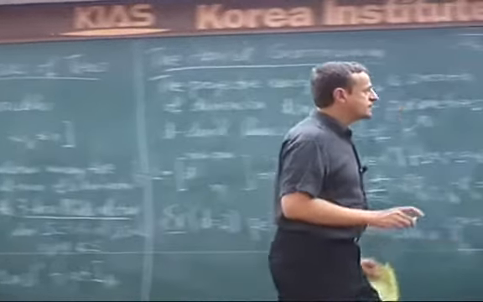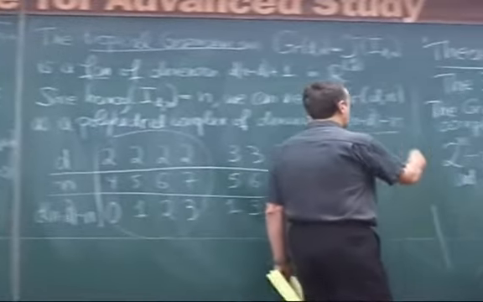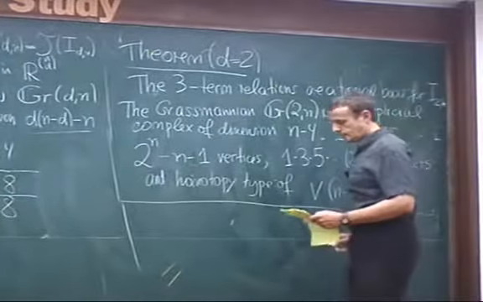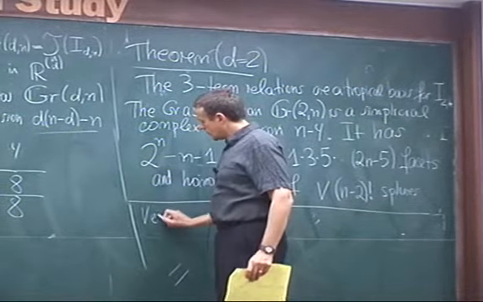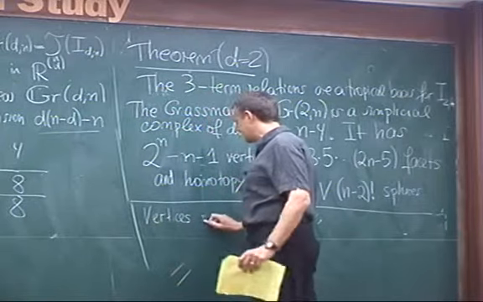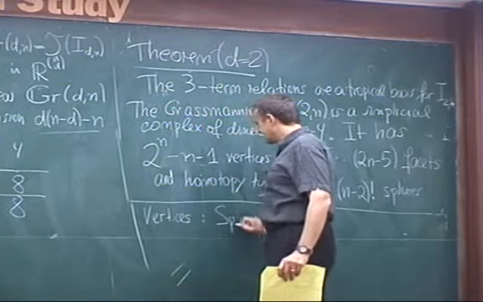What are the vertices? Let me tell you what the vertices are and what the facets are. So a combinatorial model for this space you can build as follows. The vertices are so-called splits.